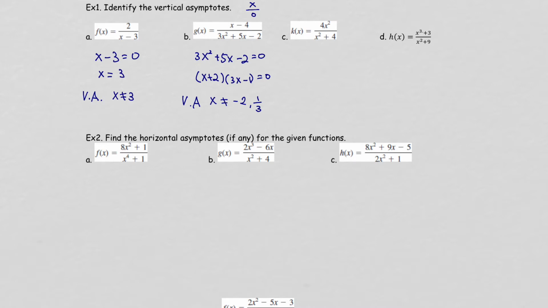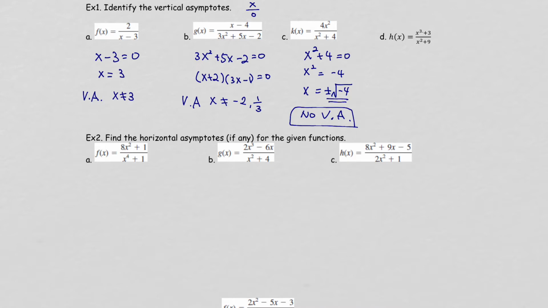The third one, when you solve this, this is going to give you a negative. And when you use the square root property, x equals plus or minus the square root of negative 4, which is an imaginary number. Once you get a number that is not real, it means you will not have vertical asymptotes. So no vertical asymptotes on that one, because what you found is not a real number.